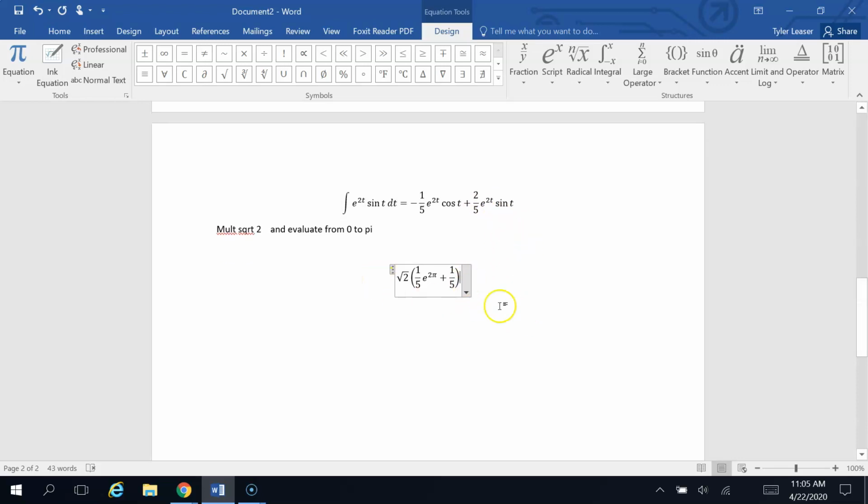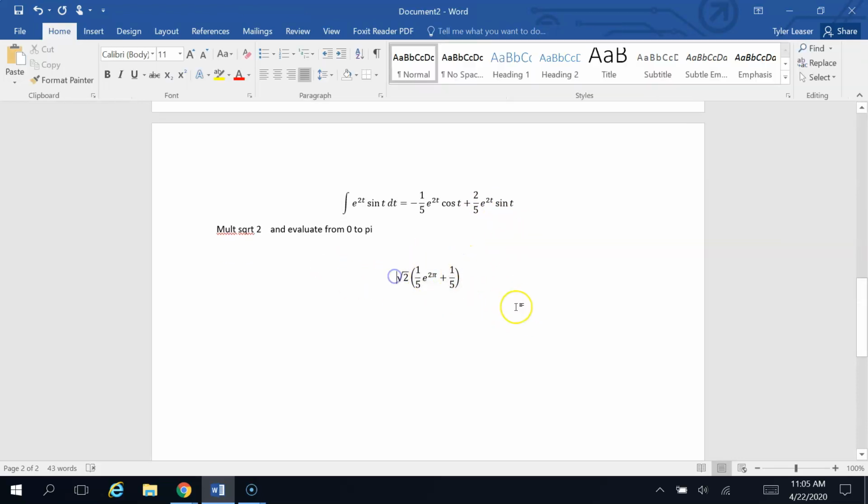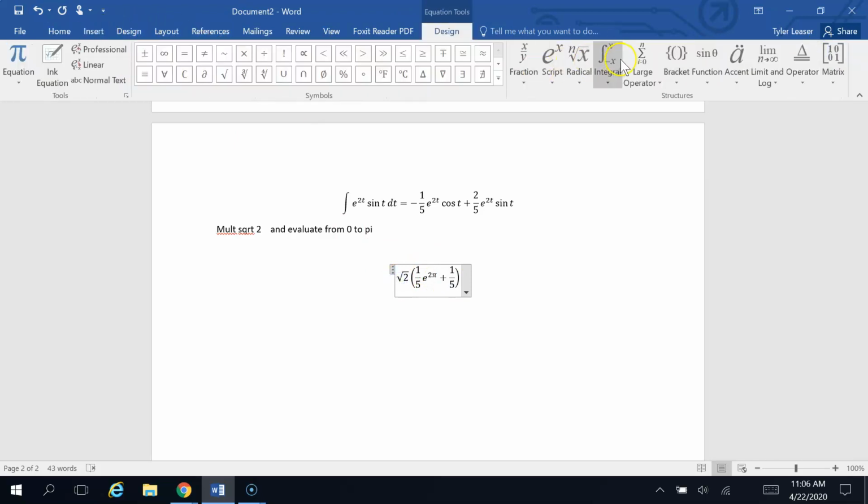All right, so this here is what we were trying to solve for to begin with. So just to remind you, this thing that we just solved for was the integral from 0 to pi of that square root 2 e to the 2t sine of t dt.